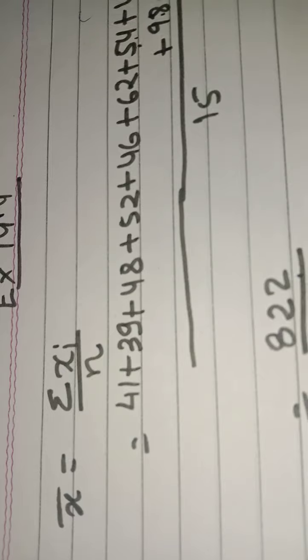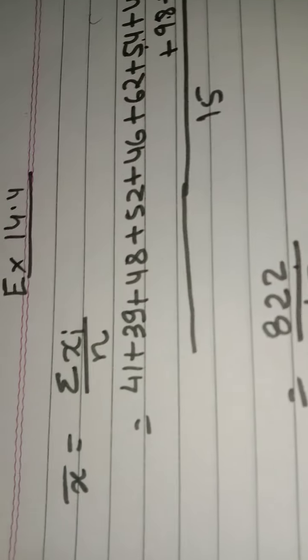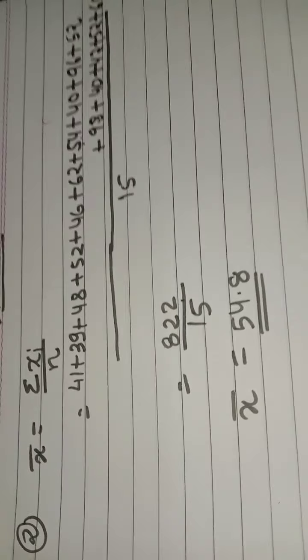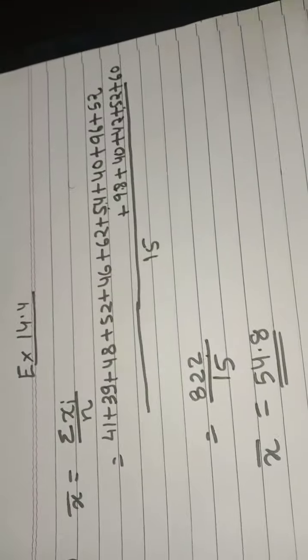So it is 822 by 15. Clear? If we divide 822 by 15, it will give you 54.8. So this is the value of mean. Clear? So by this way, now we got the mean.